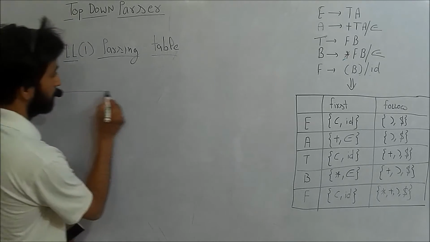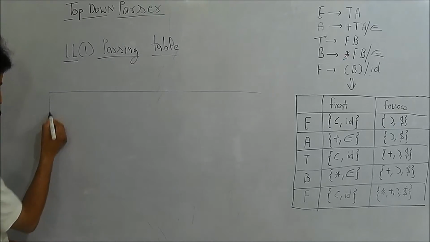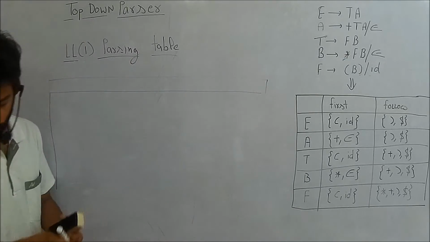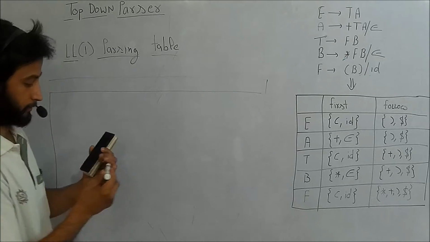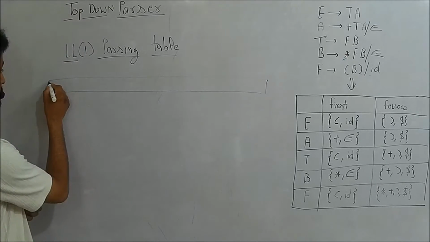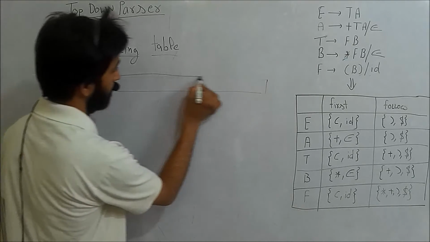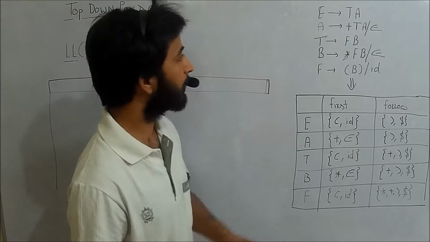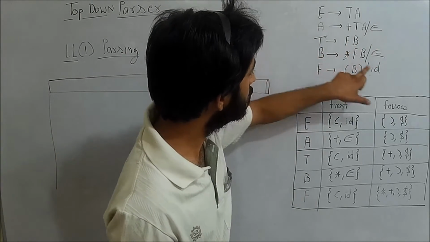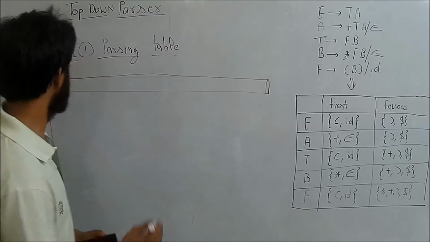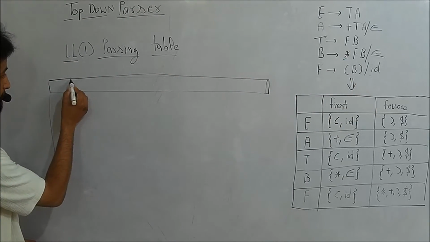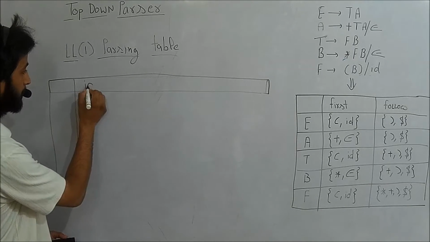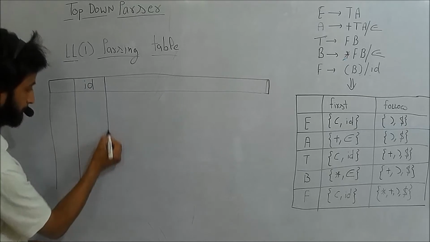For that LL1 parsing table, at the top level I have to write the terminals. The number of terminals in the grammar are 1, 2, 3, 4, 5 and 6, so I will write all 6 terminals, starting with ID.